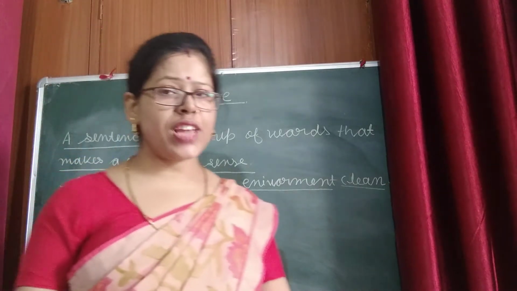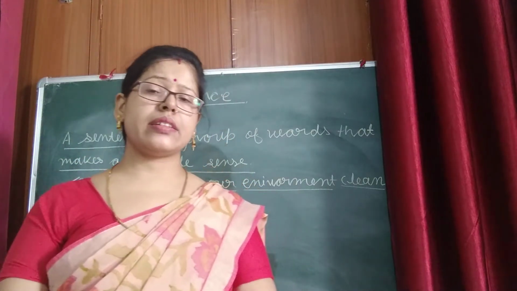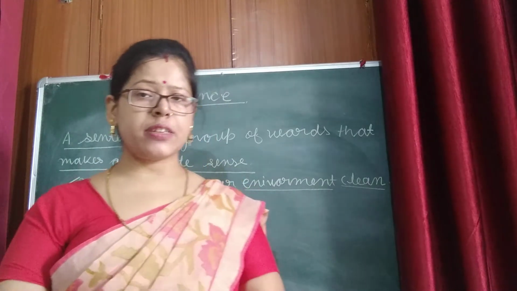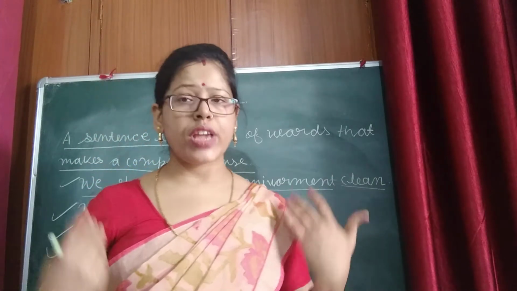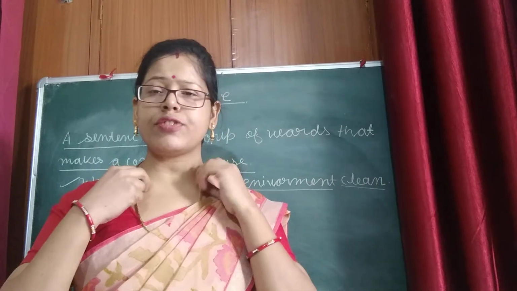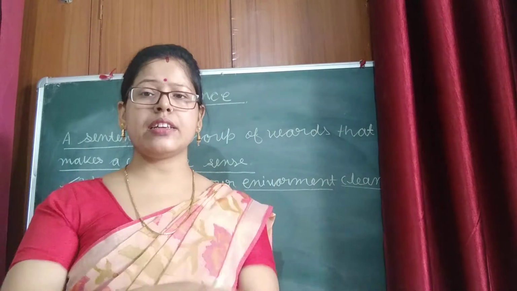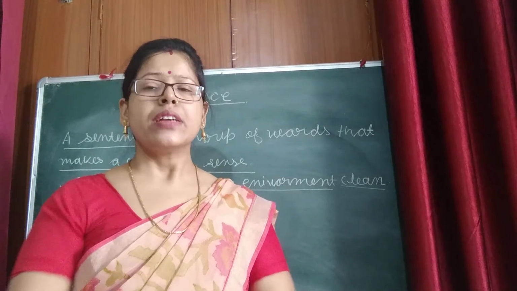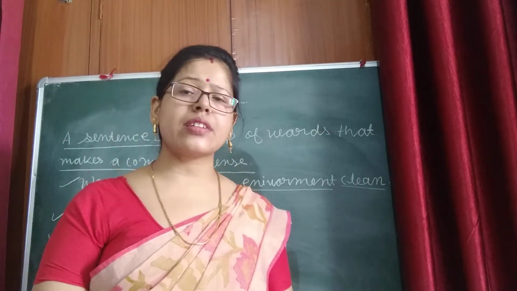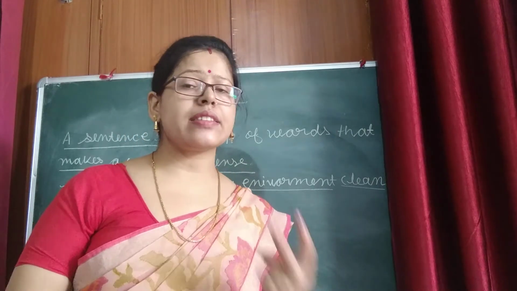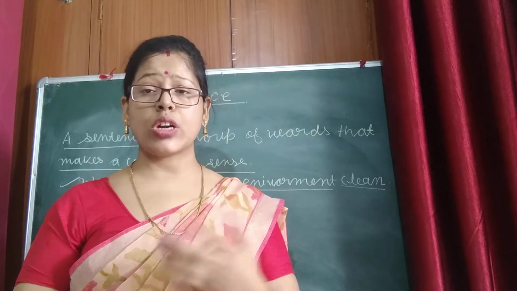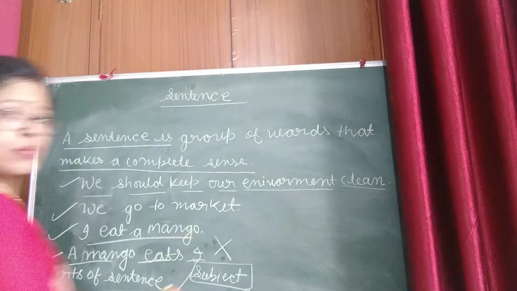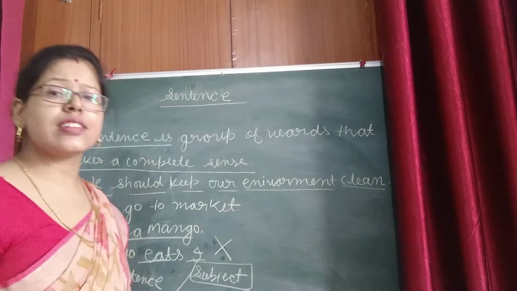Now we must understand every sentence has two different parts. As you know that we are human beings, we also have different parts. Here is the head, here is the body part. Okay, this is the hand. Similarly, in English grammar, every sentence has two parts. What are those two parts? The first one is subject. My dear students, it's very easy.